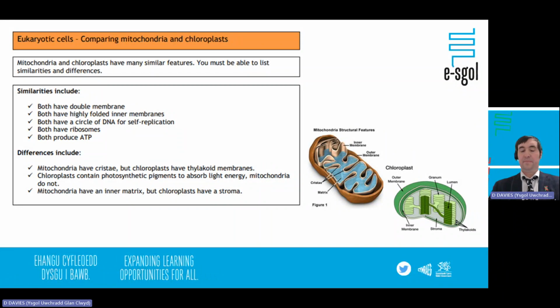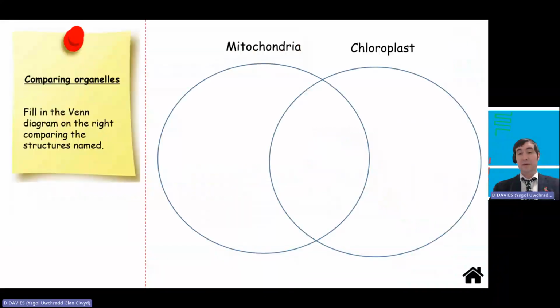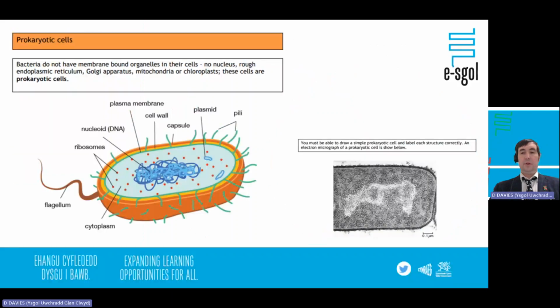So that's a theory that you need to be aware of. Okay. Good. So this time, instead of your Cornell notes, maybe if you just fill in the Venn diagram. So you need Venn diagram, mitochondria, chloroplasts, and both of them. Okay, good job.